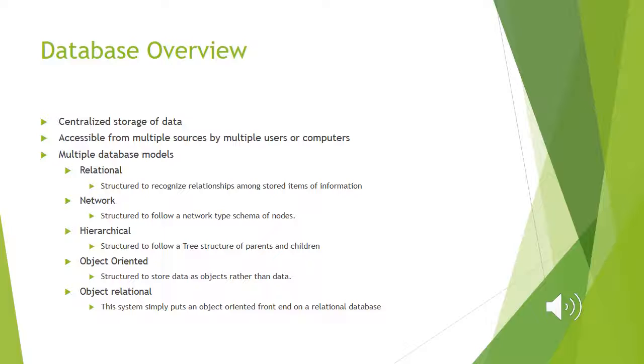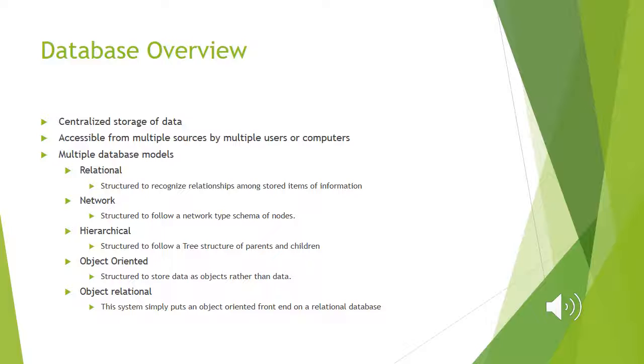Next is a network structure. This has a similarity to a network schema in which the database is categorized by a bunch of different nodes and how they are connected to each other.